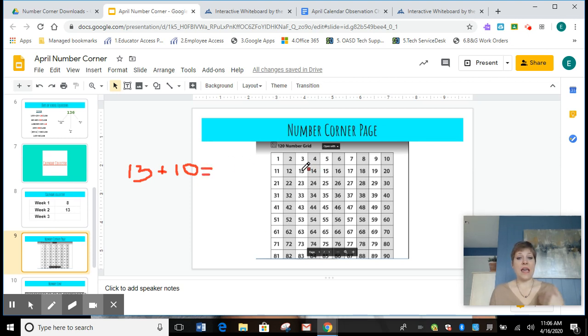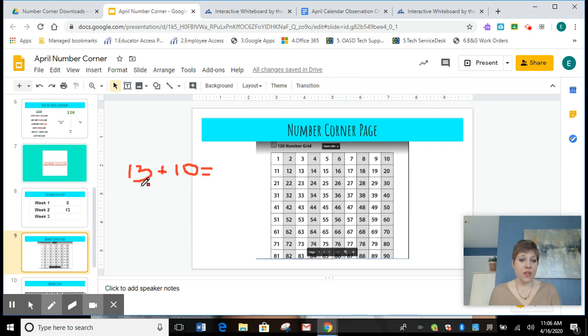Now, first graders, I have a really easy trick for you. Instead of counting out 10 spaces, what you can do, and what some of you might have noticed from the last time you had to fill out that number grid page, is you can just slide down the column. I know that when I'm adding groups of 10, my number in that one spot is going to stay the same.